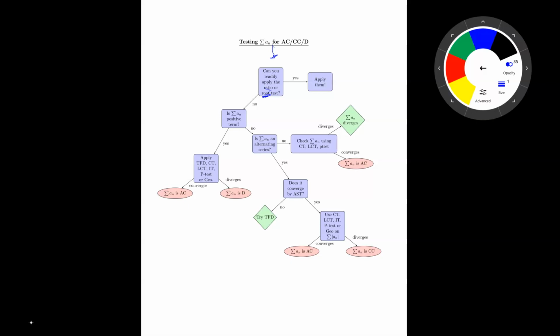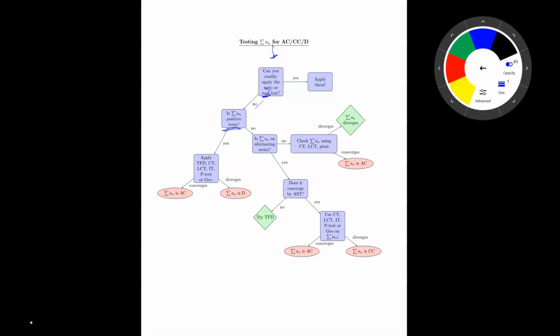Okay, next you want to come down. If it's not necessarily good for ratio or root, like number 6 or number 7, when you've got trig functions, you may not use ratio or root. So you come down and start to think, is this a positive term series?